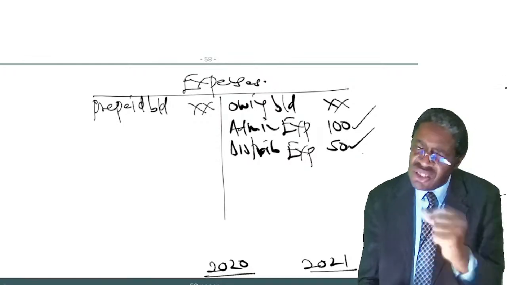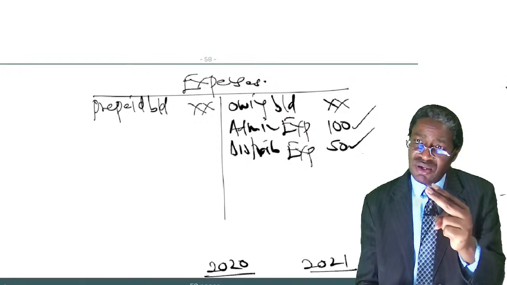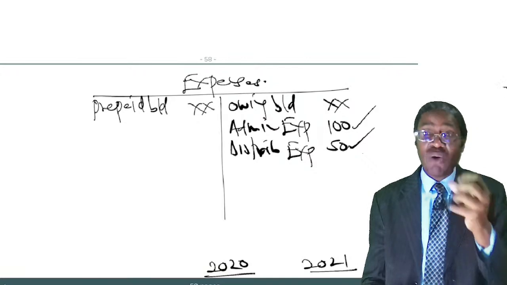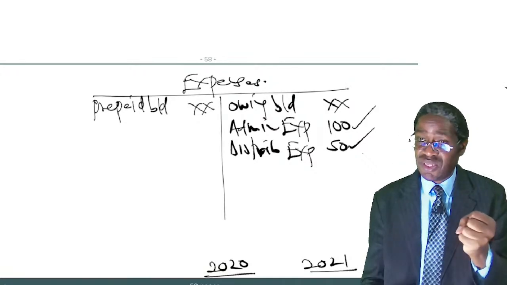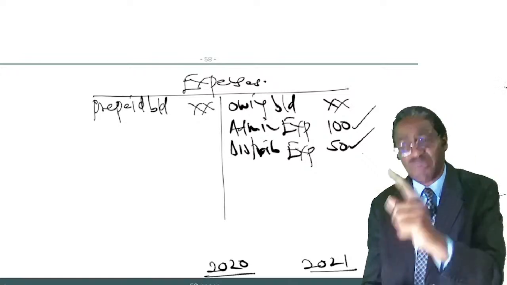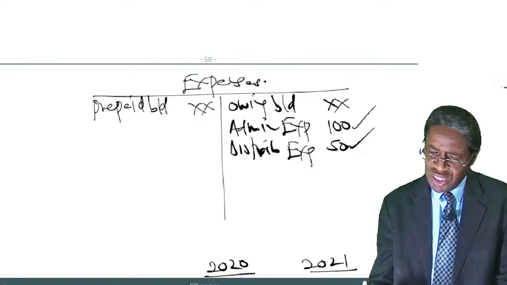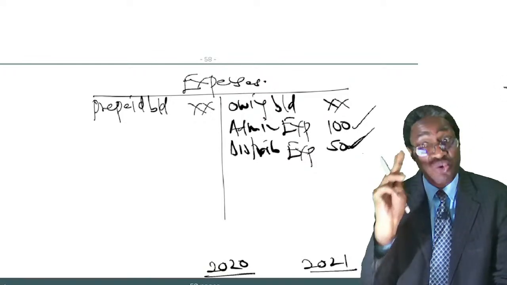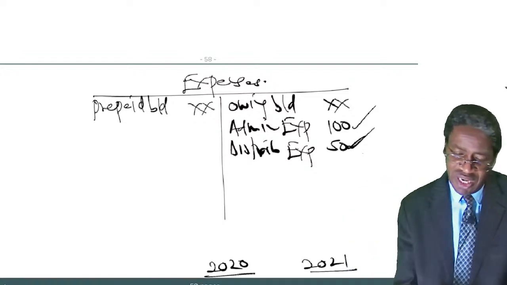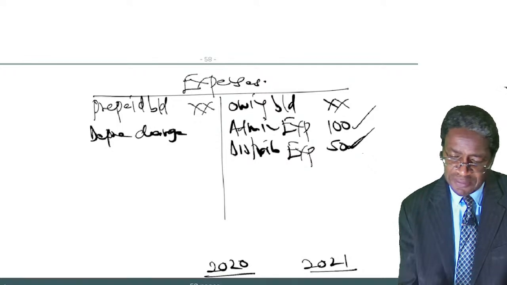But within that distribution expenses, there is a depreciation of 2 million. So I want to remove it from there so that I'll get a balancing figure now, which will represent the cash paid for service rendered. So to remove that 2 million from this distribution expense, which I'm assuming is depreciation, you will now come and debit whatever is your depreciation charge for the year.